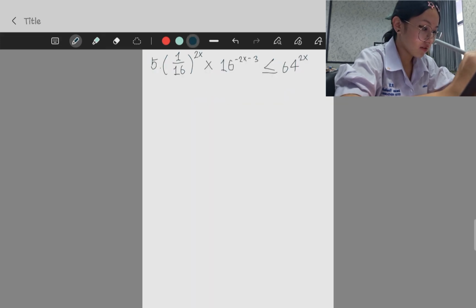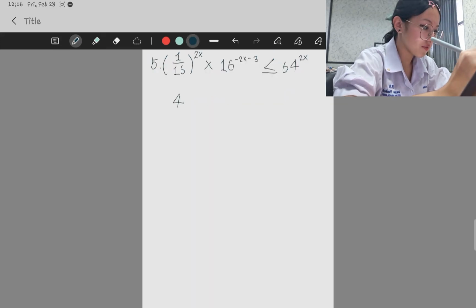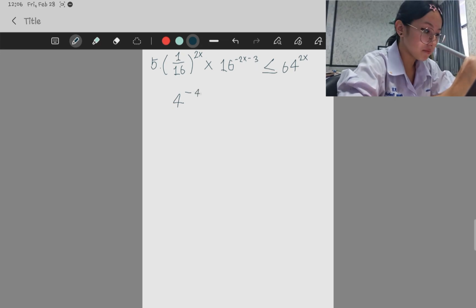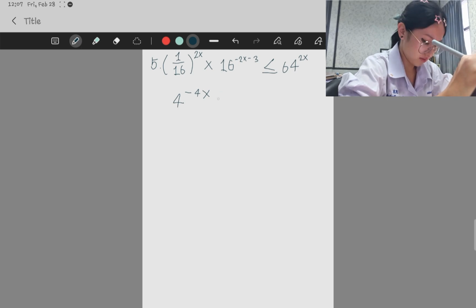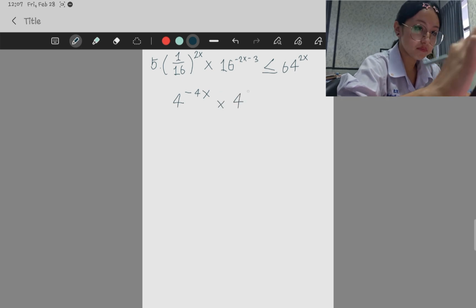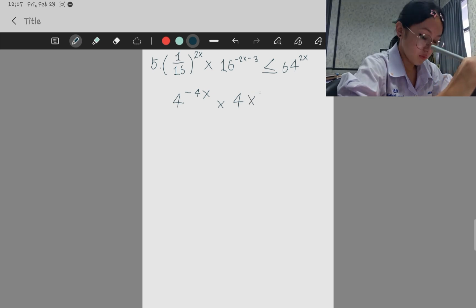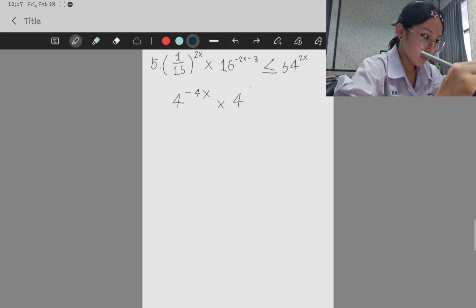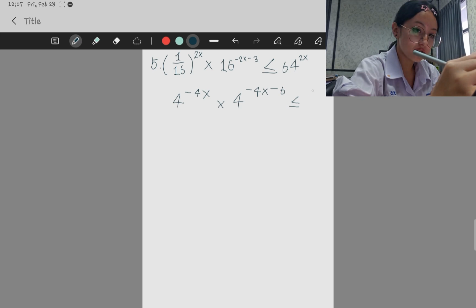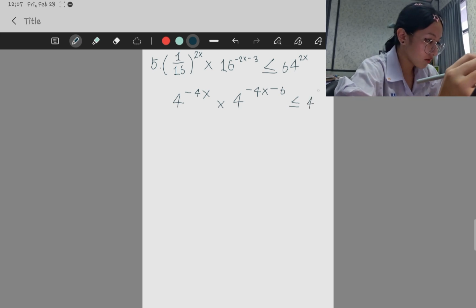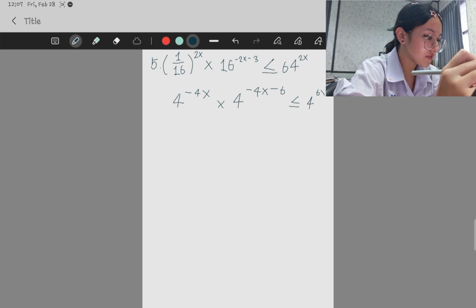5, we do 4 raised to the power of negative 4x times 4 raised to the power of 4x minus negative 6, less than or equal to 4 raised to the power of 6x.